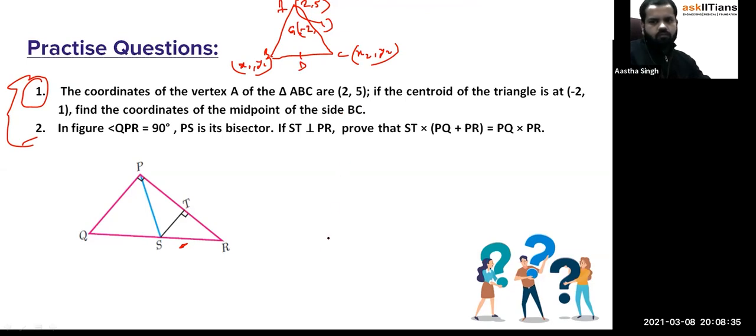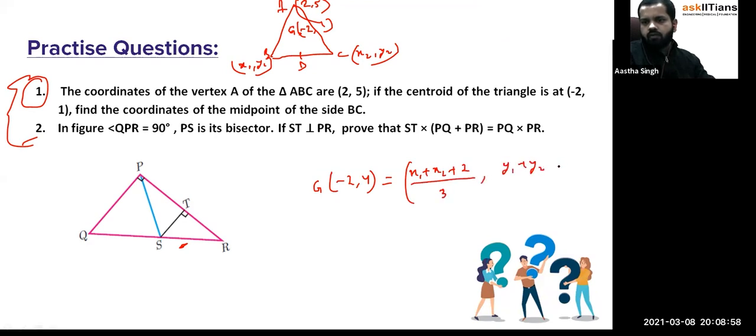The coordinates of G are given as minus 2, 1, which is equal to x1 plus x2 plus 2 divided by 3, comma, y1 plus y2 plus 5 by 3. Just compare the x coordinate and y coordinate. You get minus 2 equal to x1 plus x2 plus 2 by 3.